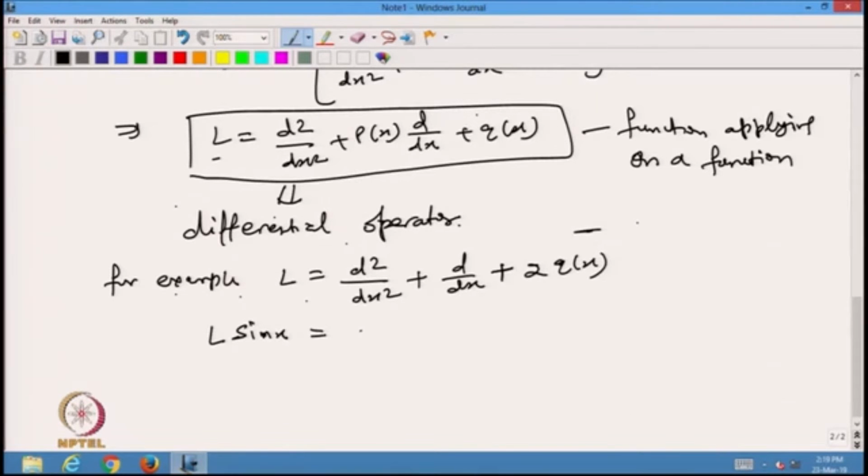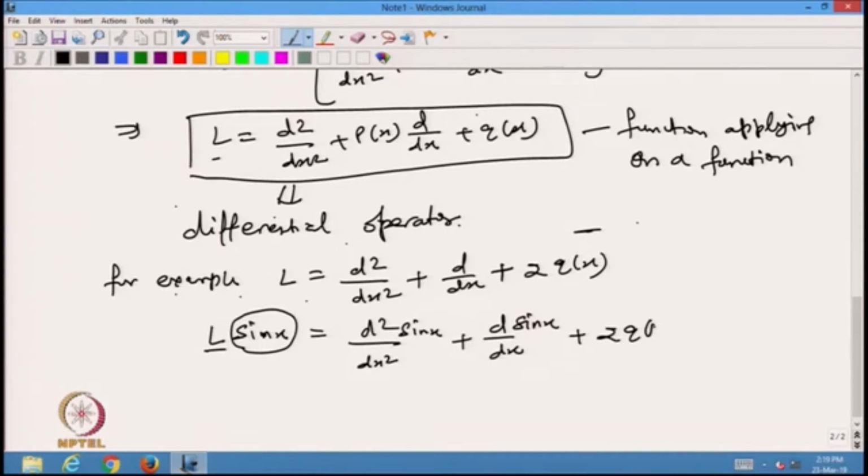Again I am applying it on a function. To find the value, I apply d square over dx square on sin x, plus d by dx on sin x, plus 2q(x) on sin x.